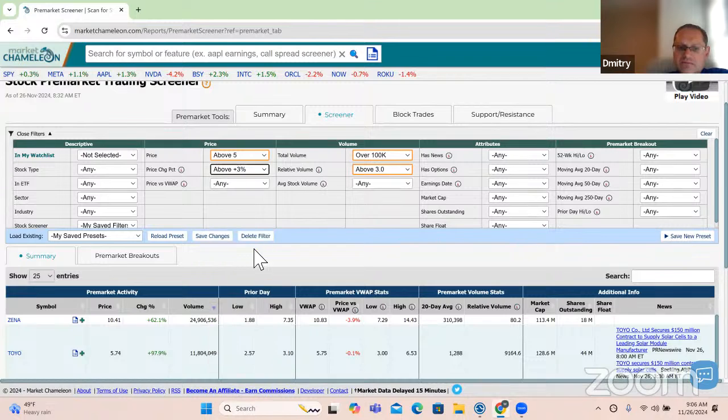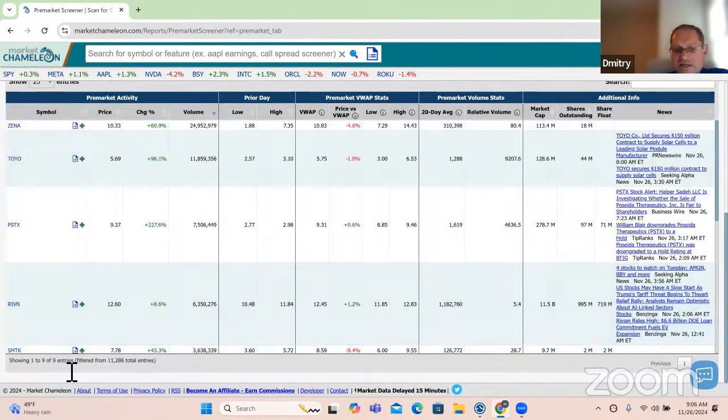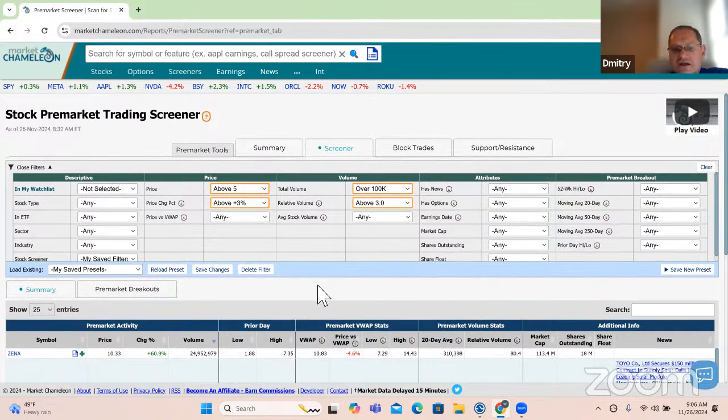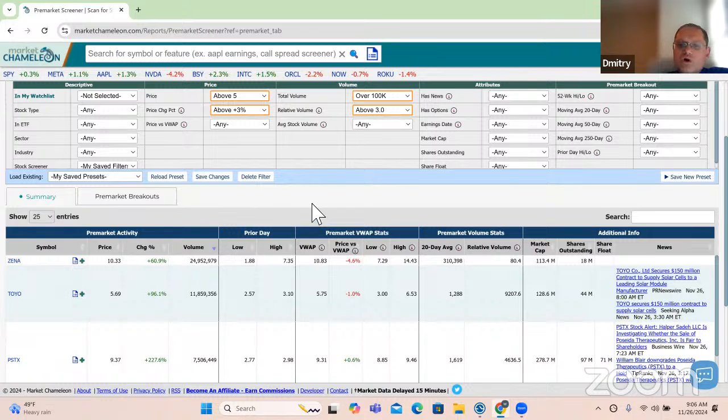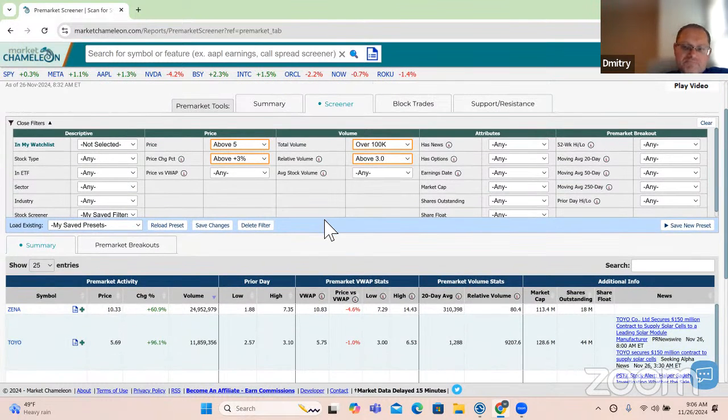Click on that. Okay, so now we narrowed it down to 9 candidates. Now we have 9 candidates that met these 4 conditions. And maybe we want to look at stocks that are trading up and showing strength, that they're currently still above the day's VWAP, pre-market VWAP, right?